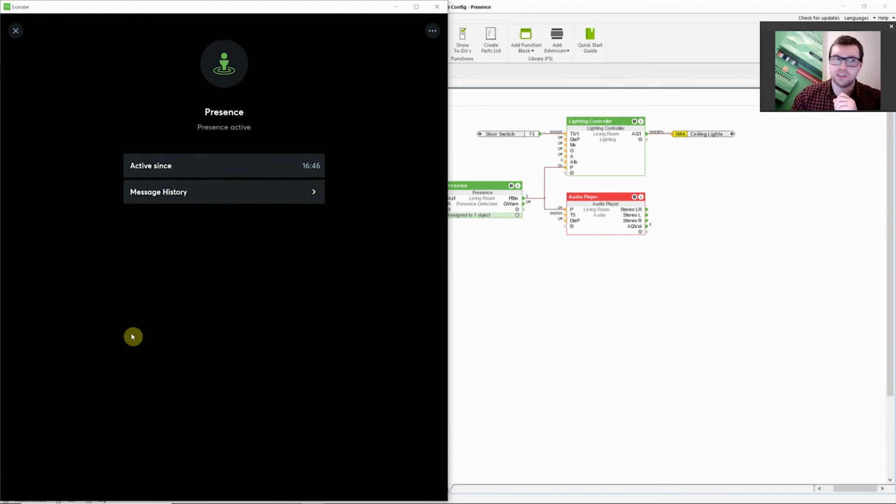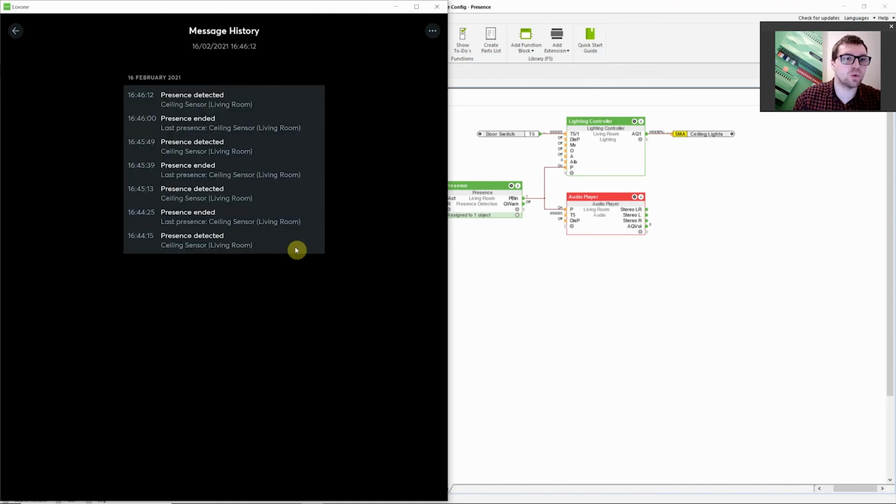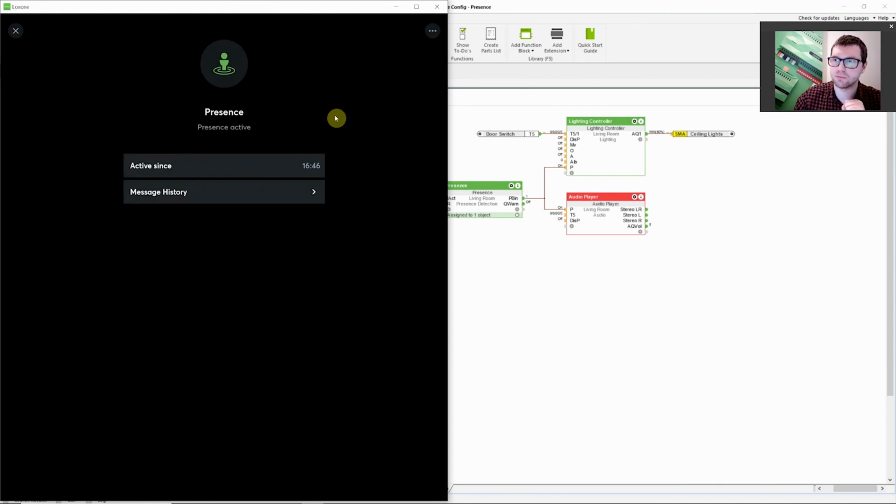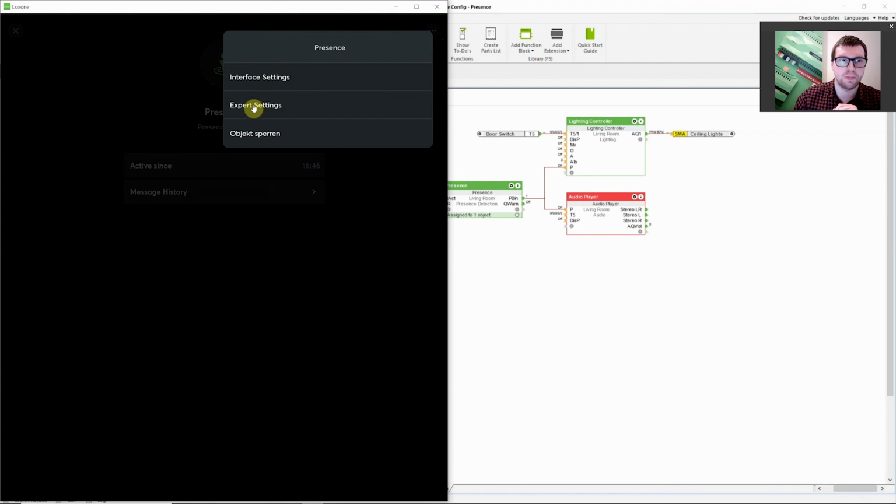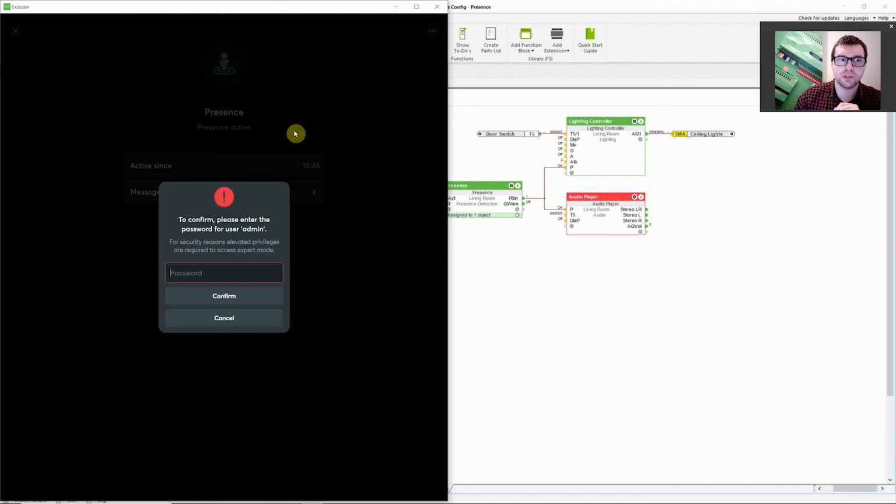The reason that the presence block is nice is, as you can see, it shows me that presence is active, it shows me when it's been active since, and it will also show you a list of history as well. Finally, expert settings. Within the app, you have this option here for expert settings.